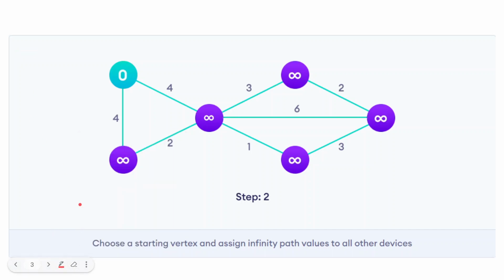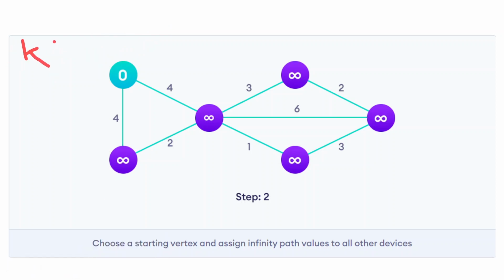If you want to update a node, you're just going to check this: the current node's value plus the edge, where E stands for edge, from the current node K to the next node.